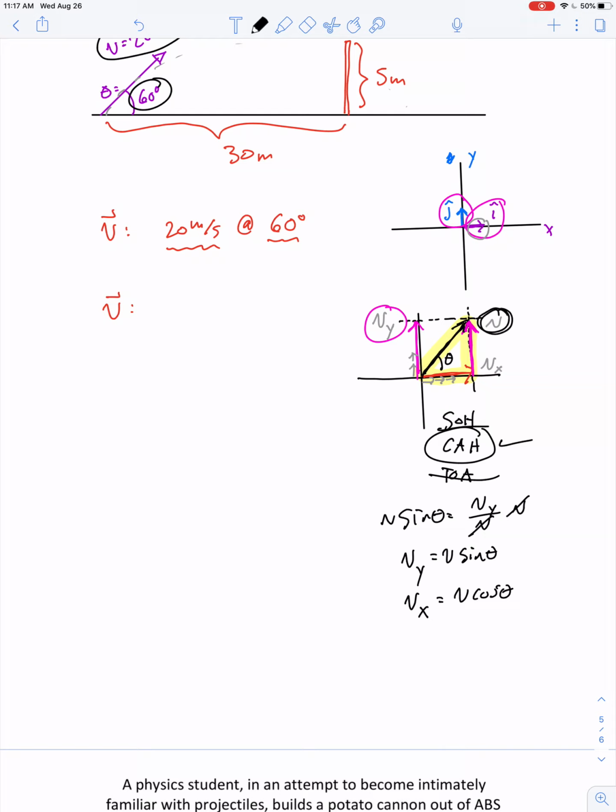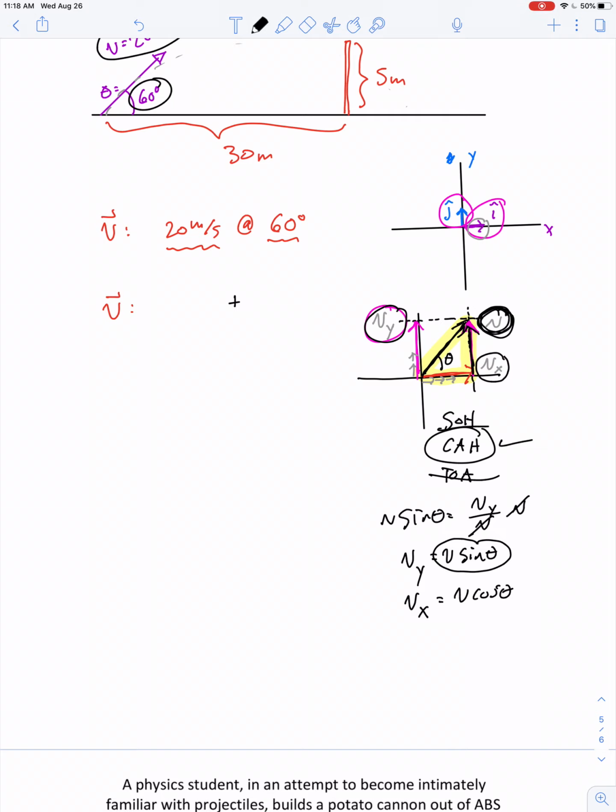Okay, so what I can do is just say that the overall velocity V pointing at an angle is composed of two components that are added together. There's a horizontal component and a vertical component added together. So I'm going to put a plus sign. And the length of the vertical component in magnitude is computed by multiplying the magnitude of the overall velocity by the sine of some angle.